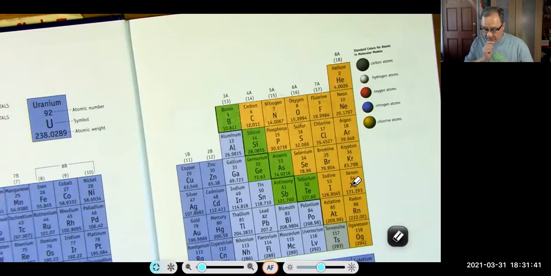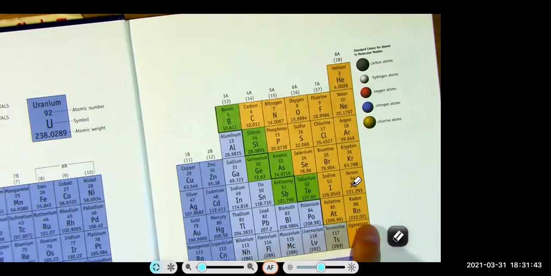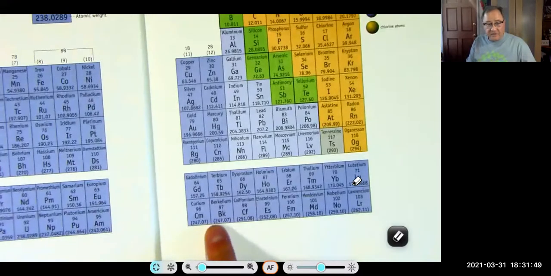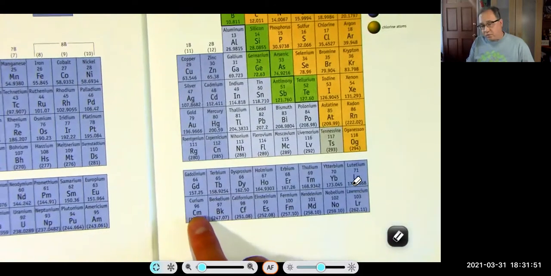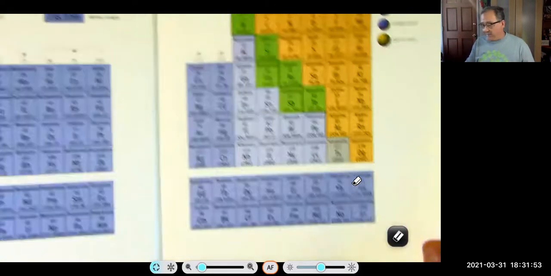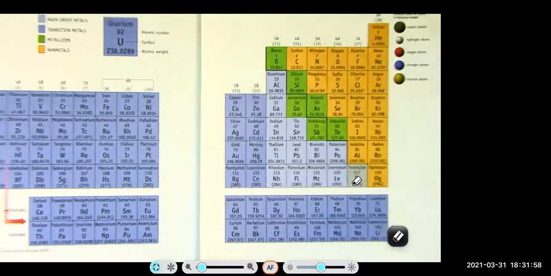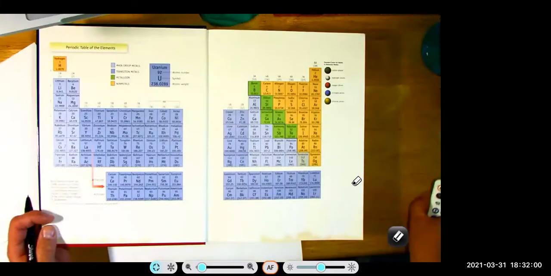96. Okay, there you go, 96. So what would curium be looking at our periodic table? Radon.